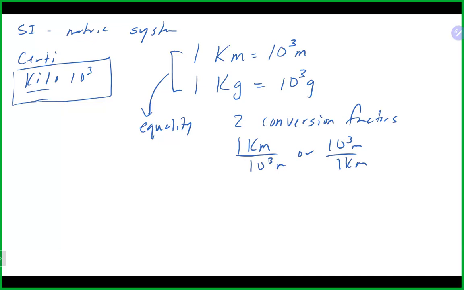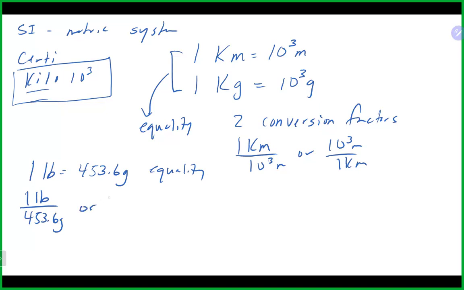Likewise, 1 pound is 453.6 grams. That also is an equality, and from that you could write 1 pound over 453.6 grams, or 453.6 grams over 1 pound. These again are our conversion factors.